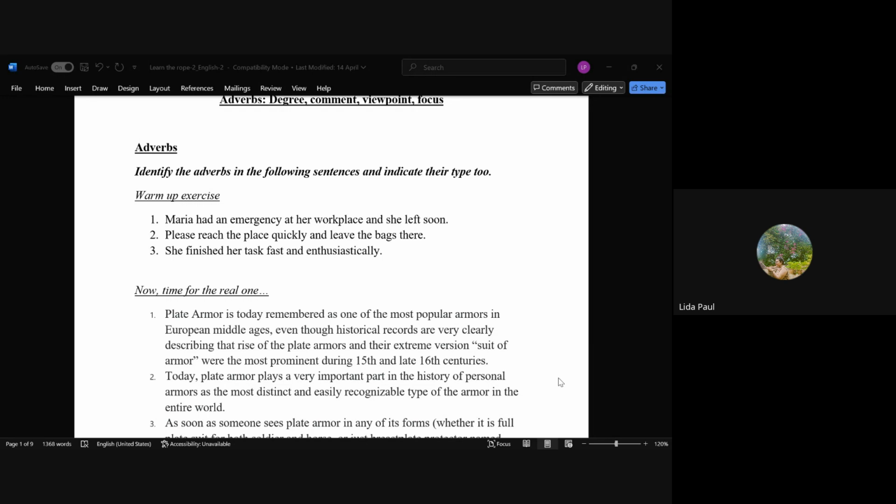Focus again is to let the listener know what exactly I am focusing on in a given sentence. Which part or which segment of the sentence am I emphasizing or intensifying more, right? So examples like, this is the watch, or say my phone can play only music, right?